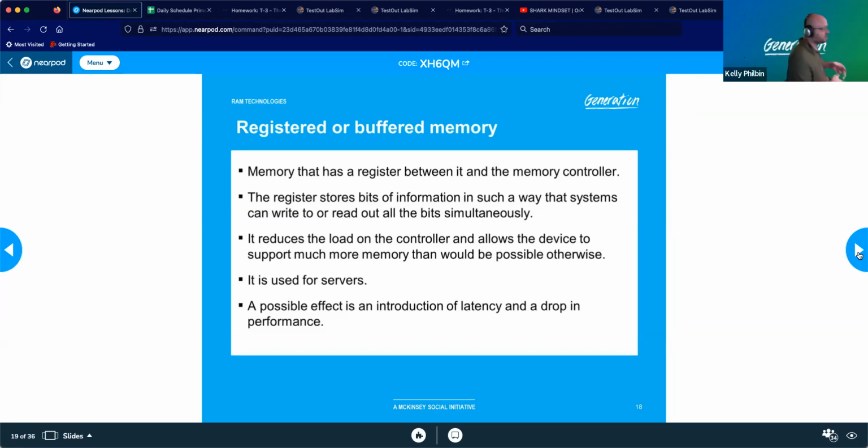It reduces the load on the memory controller itself, so it can handle much more than it could in another case. It's taking some of the load off of the memory controller or the North Bridge, handing it the information in such a way that it can manage it all at the same time. Again, registered and buffered memory is also used in servers.